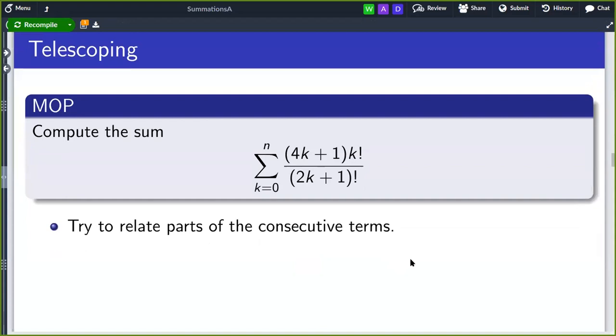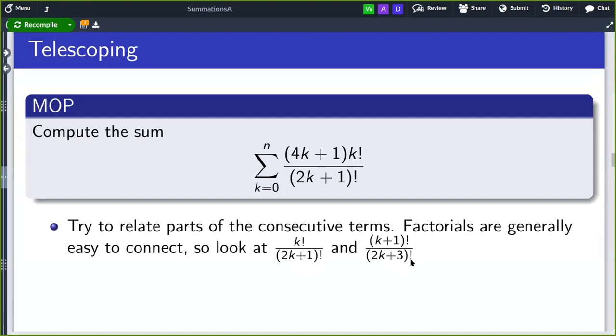The point is that when we have factorials, factorials are actually very easy to write recursively. So if we try connecting only the factorial part of consecutive terms, let's try finding a relationship between k factorial over 2k plus 1 factorial and k plus 1 factorial over 2k plus 3 factorial.